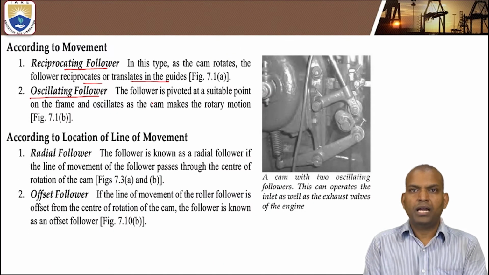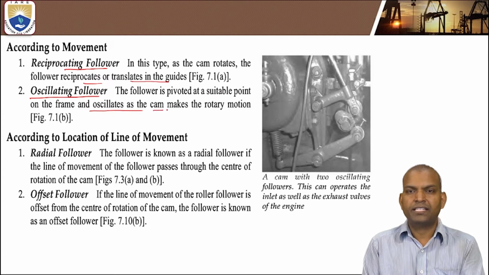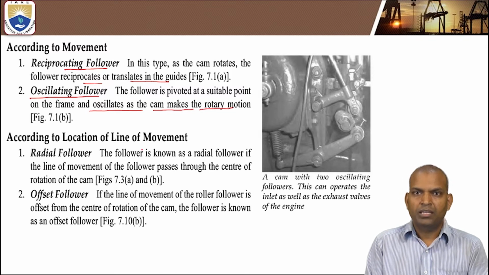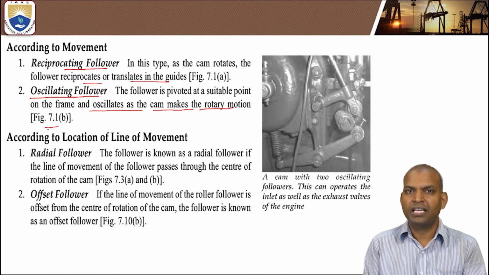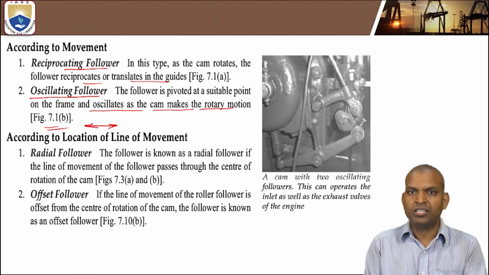Now, coming to oscillating followers. The follower is pivoted at a suitable point on the frame and oscillates as the cam makes the rotary motion. Here, the rotary motion is mentioned. In the case of figure 7.1b, it is not a rotary motion; it is a horizontal translatory motion. This figure is wrong.